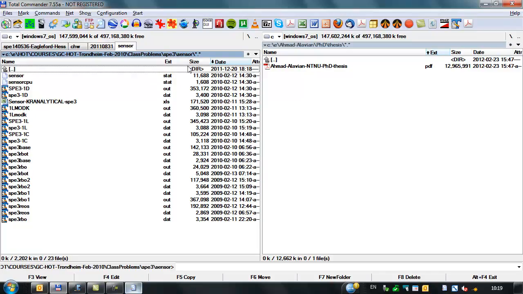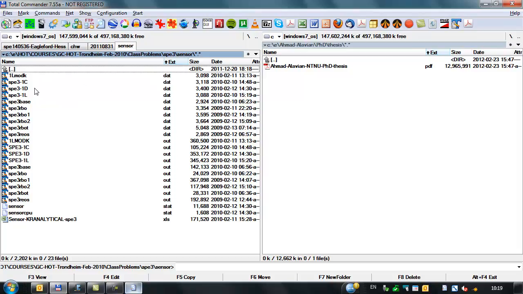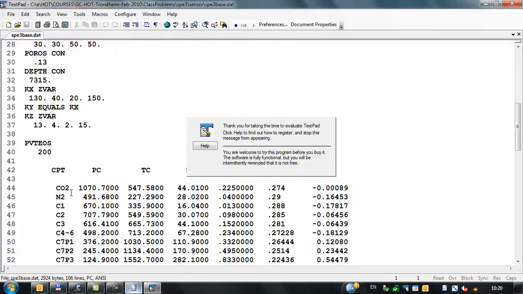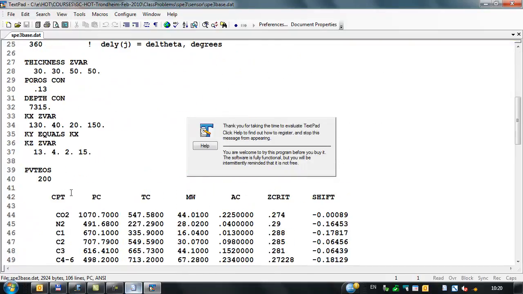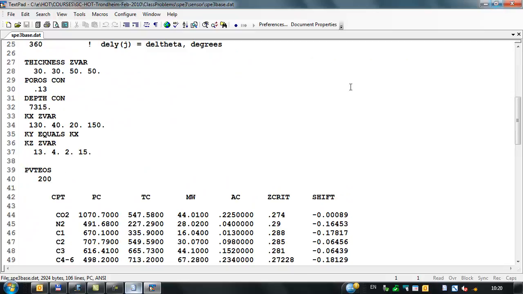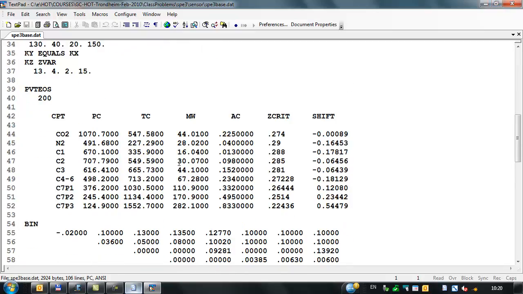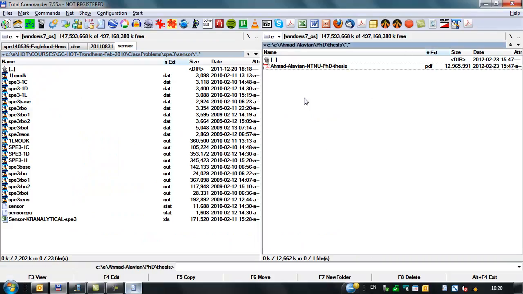Take the simulator data set. There we go. Okay, so we've got these. I'll just take these. These should be pretty much the same numbers as what you have.